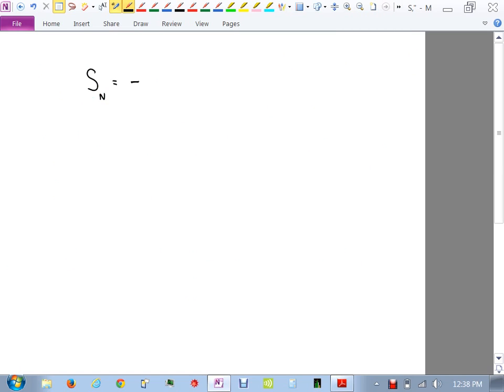All right, so what did I have? In the front, negative natural log 2 plus natural log n plus 1, and then minus natural log n. And what I'd like to do now is take the limit as n goes to infinity of this.